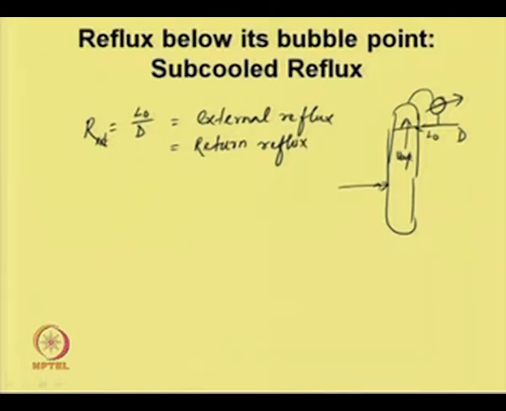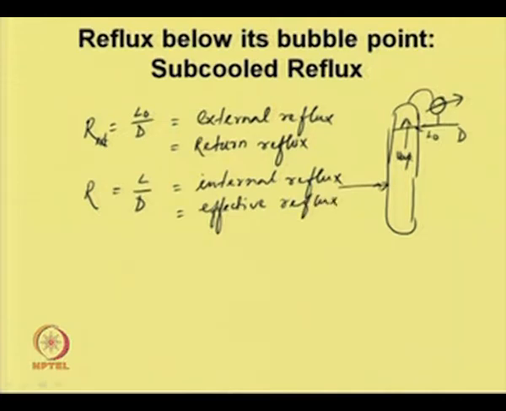The liquid flowing inside the tower, the reflux ratio R, should be L by D. This is known as the internal reflux ratio, or we can say effective reflux. So, we can name it as internal.